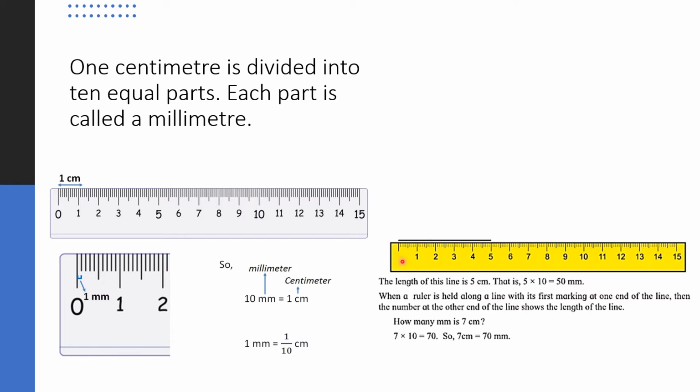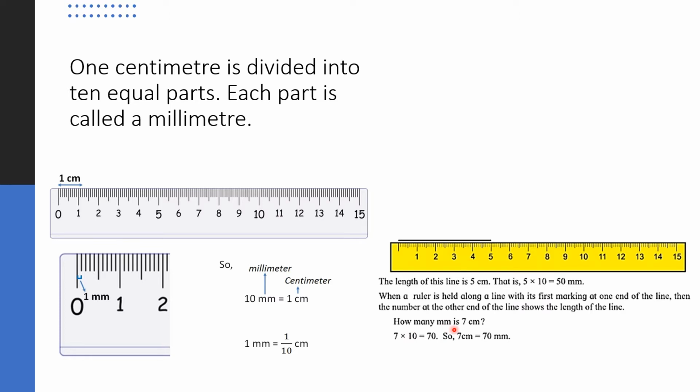So here we start from 0 and this line ends at the number 5. So the length of this line is 5 centimeter. If we convert 5 centimeter into millimeter, we multiply that number with 10. So 5 into 10 is equal to 50 millimeter.